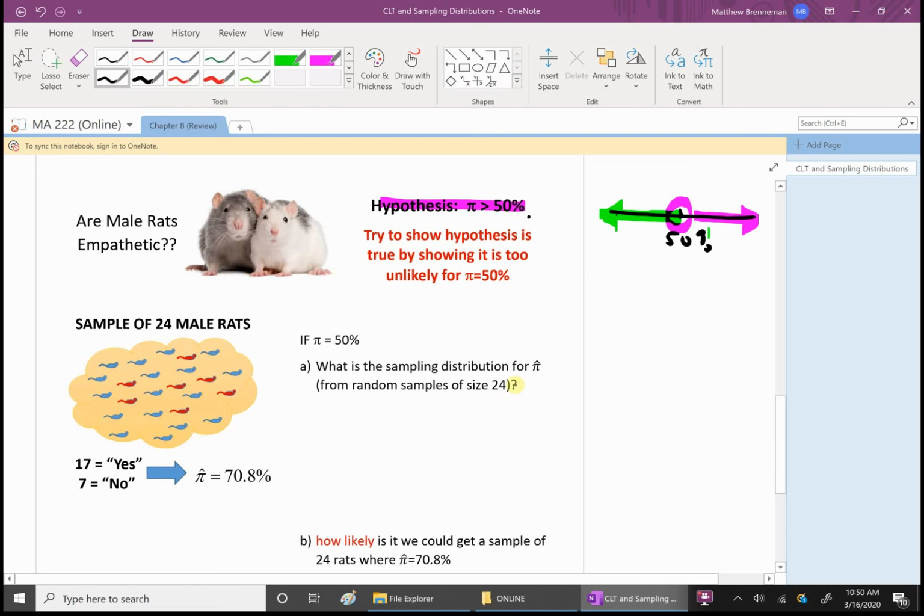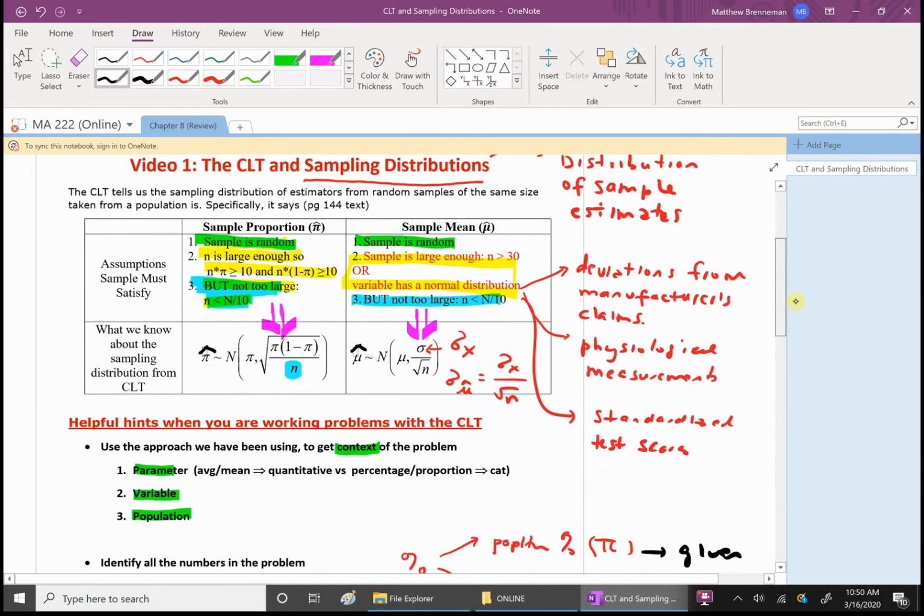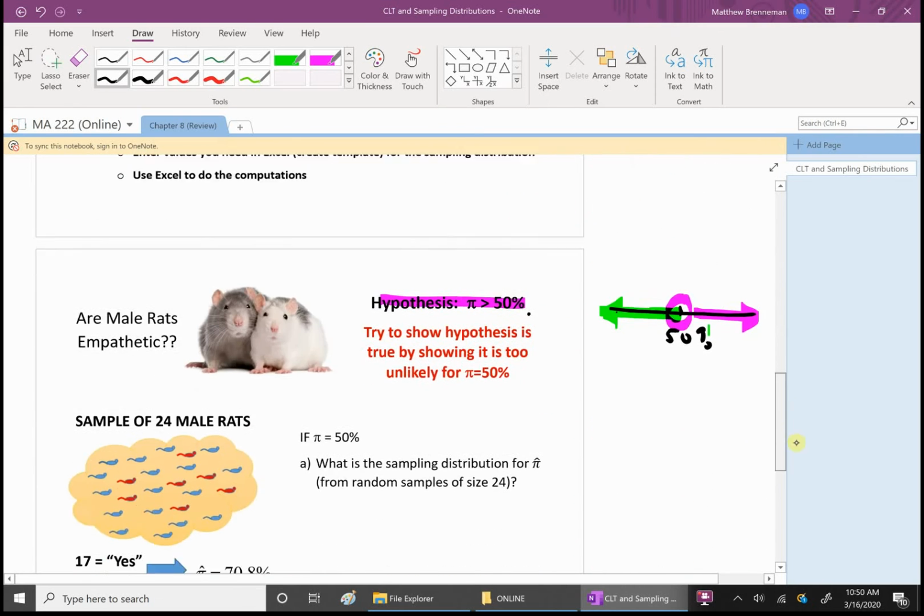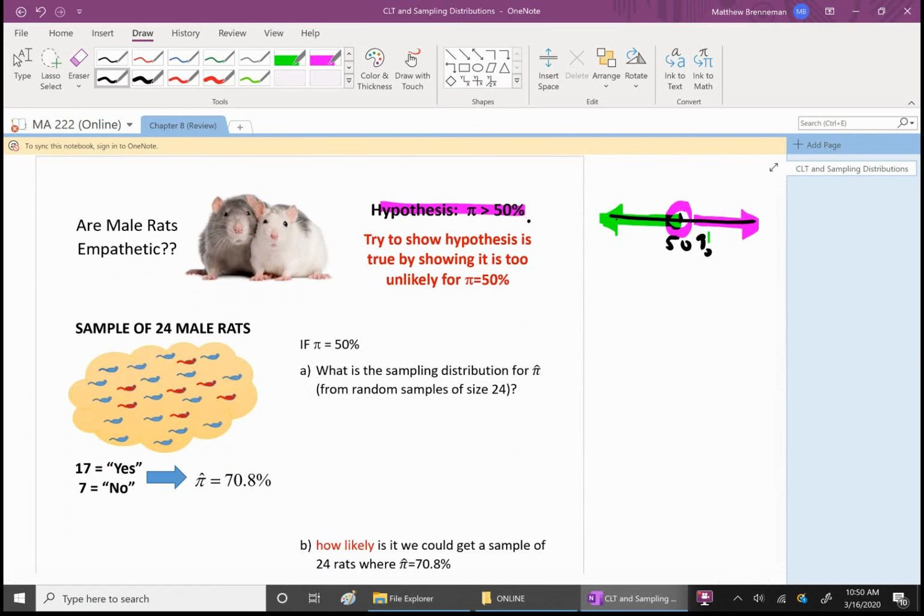In other words, what do we know about this distribution of pi hat? And we want to use the central limit theorem. So first, let's make sure that the assumptions are satisfied, okay? So we assumed that we had a random sample. So let's just check our assumptions. So we assumed that it was random.